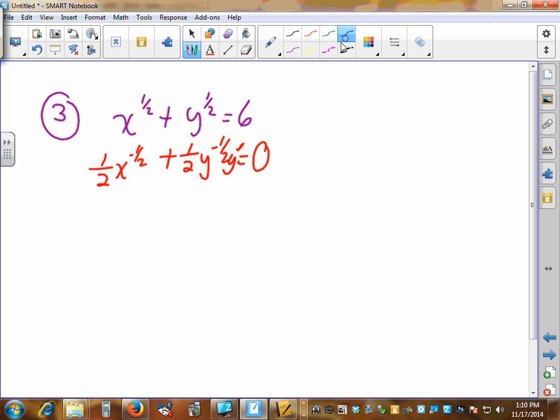So that's going to give us half x to the negative half. I might as well go ahead and subtract that from both sides, so I'm going to erase this and just subtract it.